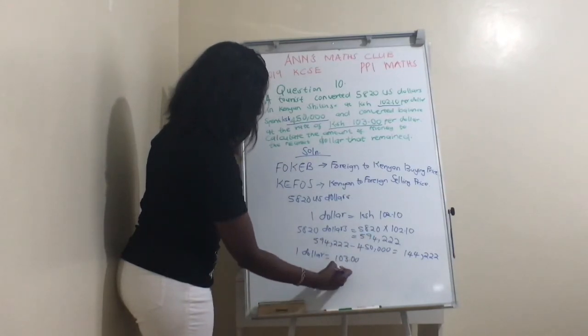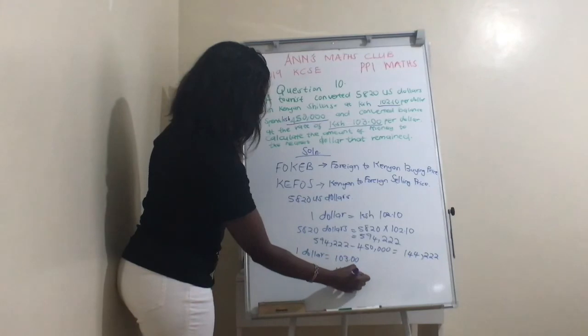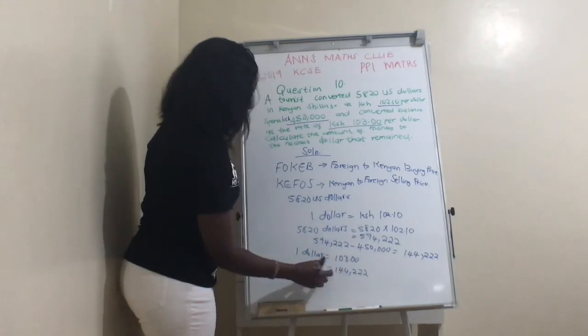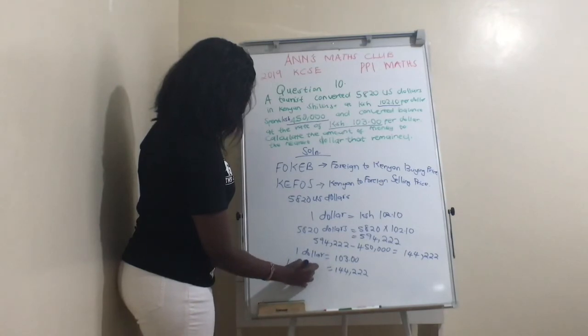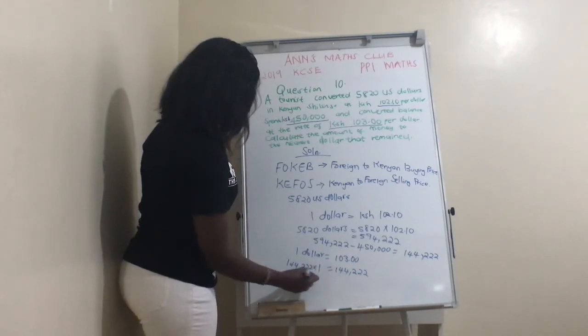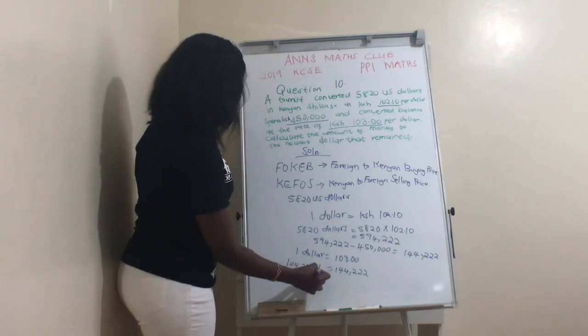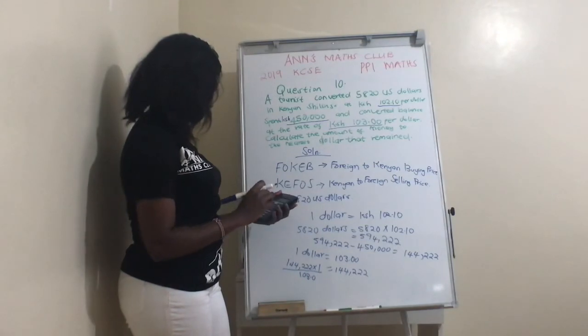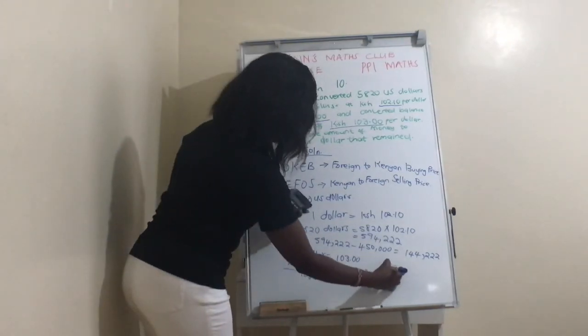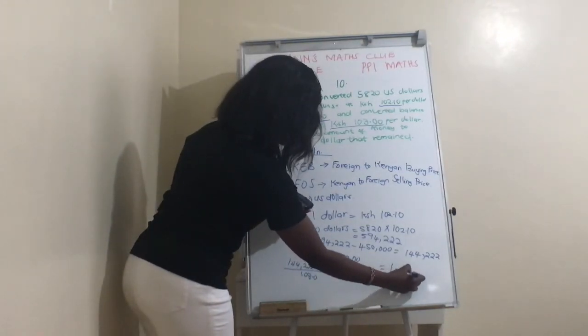What about 144,222 Kenyan shillings? So we want to convert this into dollars. So you have 144,222 times 1, divided by 103. And this gives you 14.2.